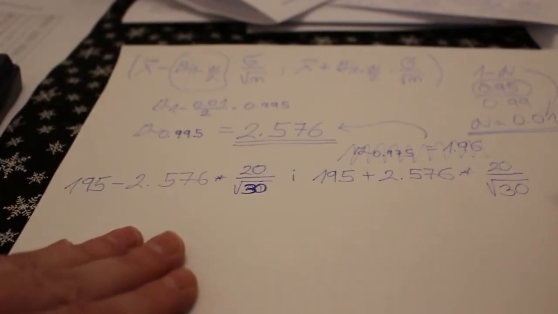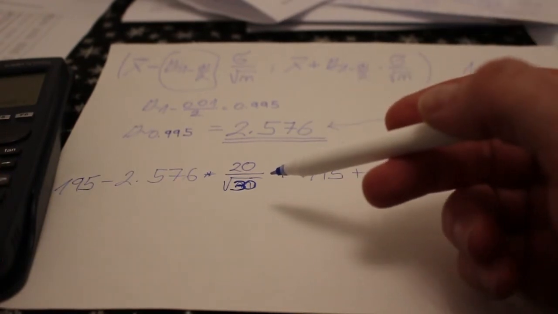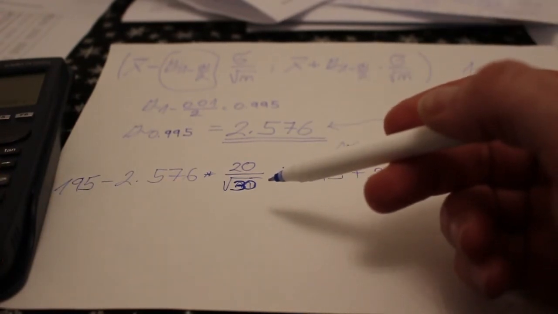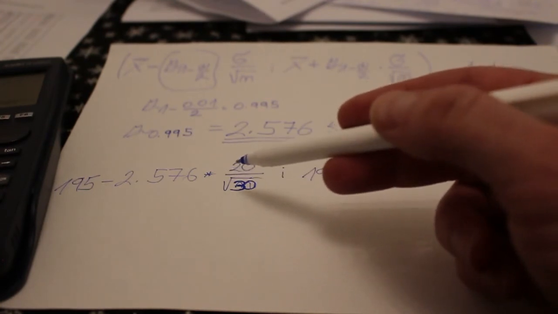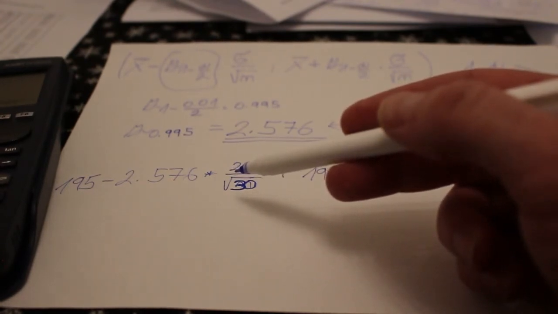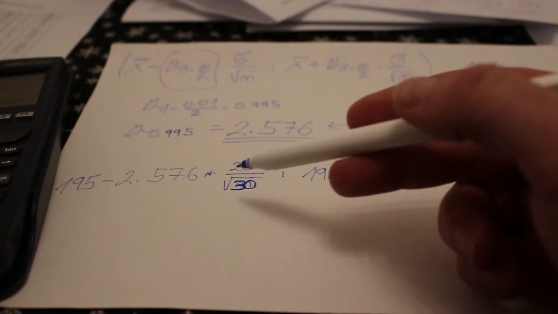Okay, so I will use calculator: 20 divided by square root from 30 times 2.576. 195 minus this result.